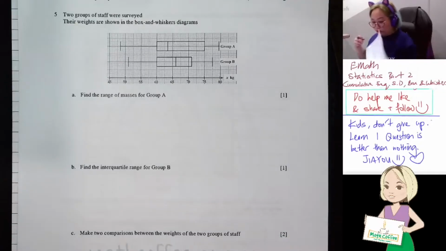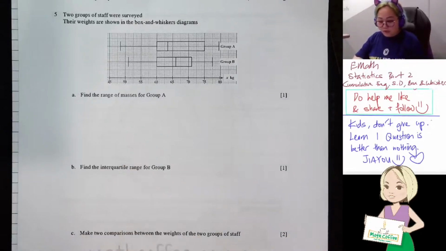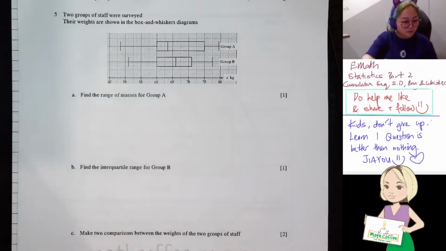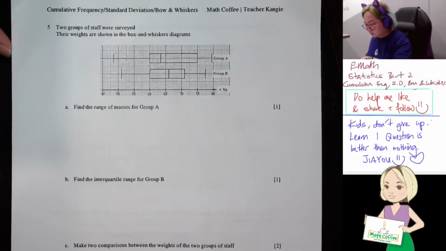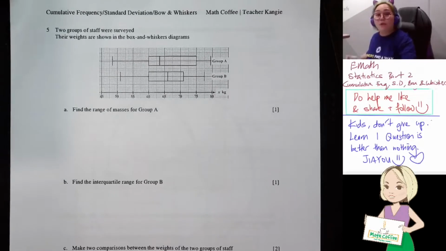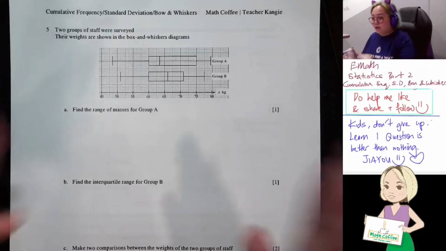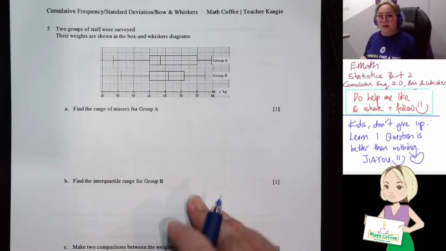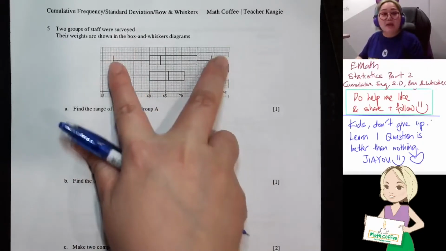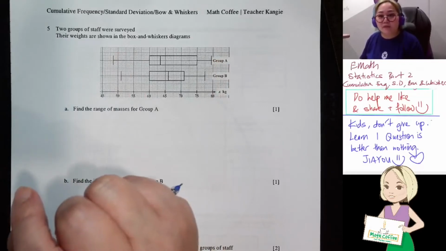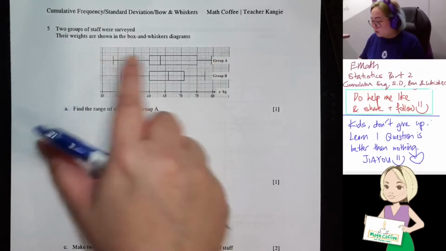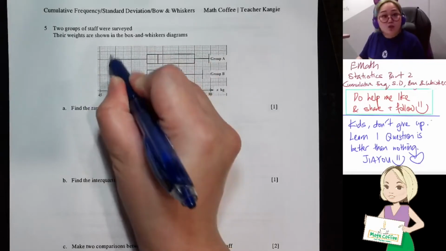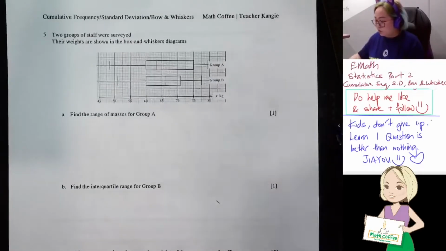We're going to go to question 5, whereby we talk about box and whisker. Box and whisker is another subtopic which is so easy. You just need to know what all the extreme lines represent. Every box and whisker has these 5 lines that you need to know. This extreme line is called the minimum. I'm going to use red color so that you can see.